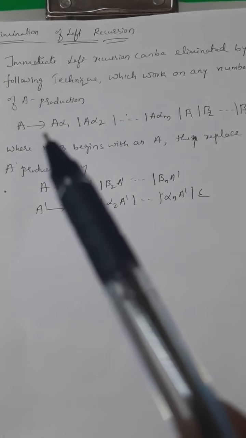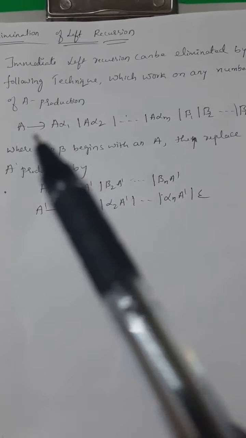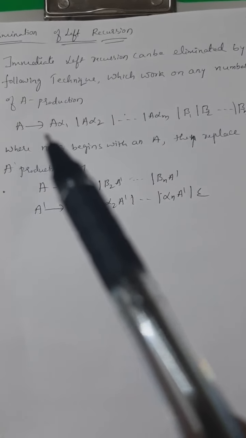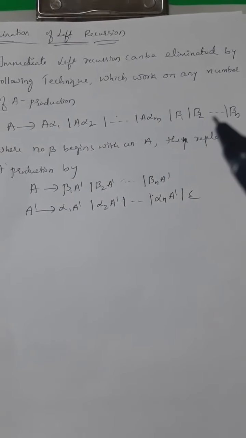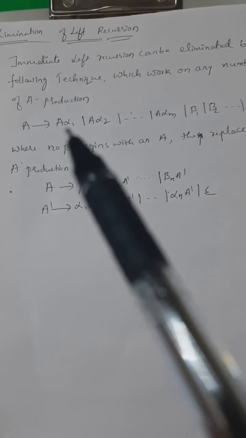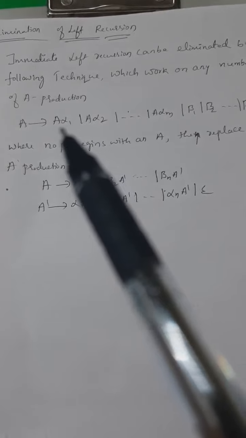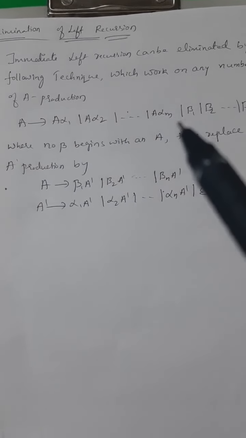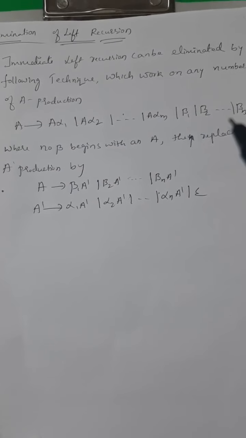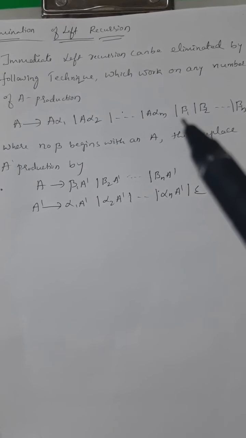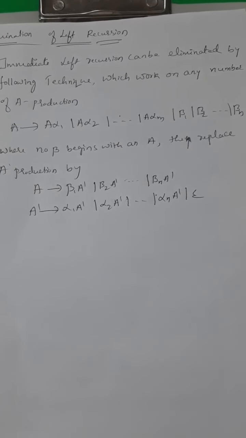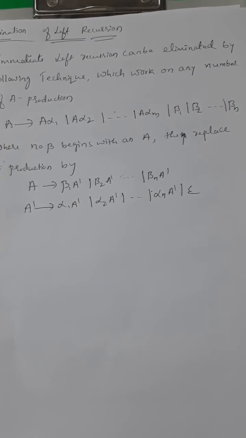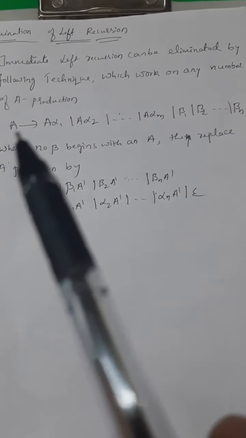Assume that this is a grammar production where A is a grammar symbol which produces n productions. Some of its productions begin with the grammar symbol itself, that is A, and some do not begin with the grammar symbol. The productions which begin with the grammar symbol are called the left recursive productions.